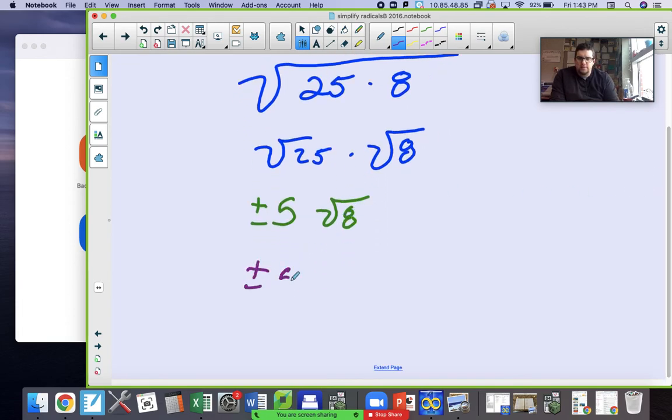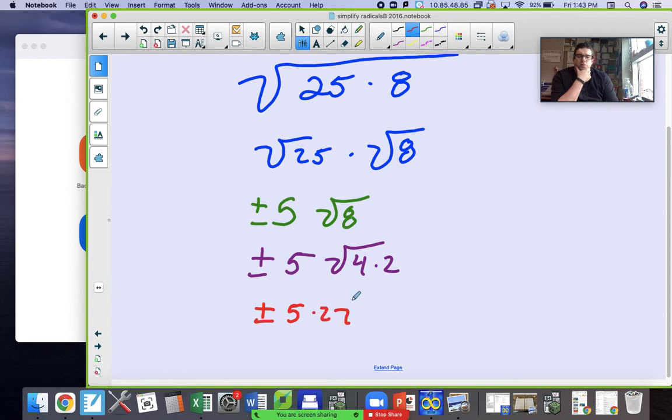So I still have the 5, square root of 8. So we got plus or minus 5 square root of 4 times 2. So the square root of 4 is 2. This 2 is still underneath the radical. So our answer is 10 root 2.